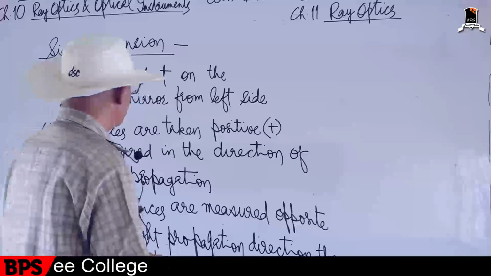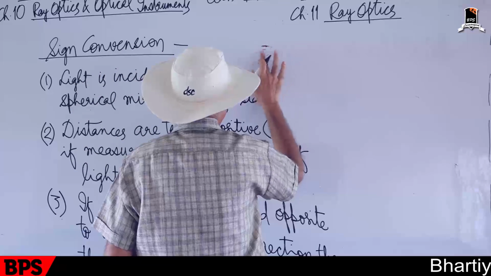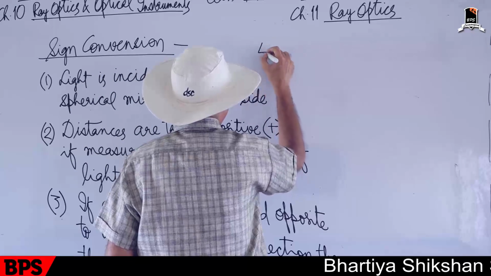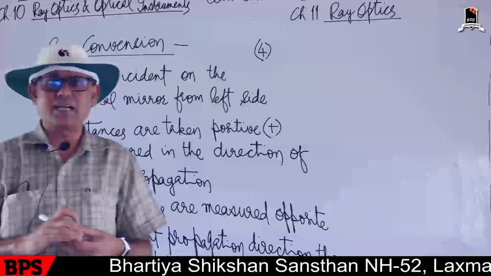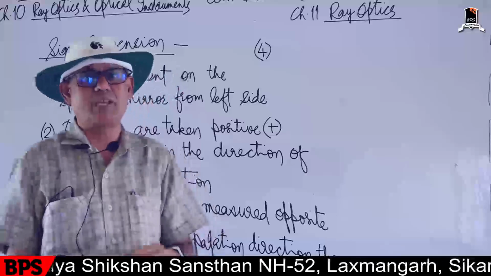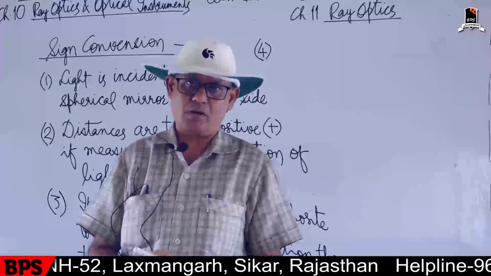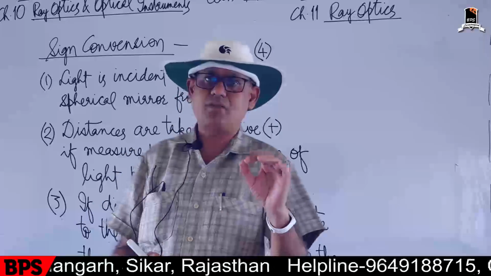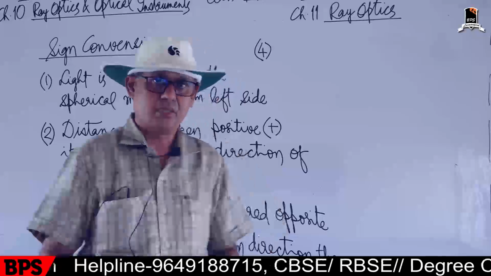Fourth one is that all the distances are measured with reference to the pole. Pole is treated as the origin of the Cartesian coordinate system.